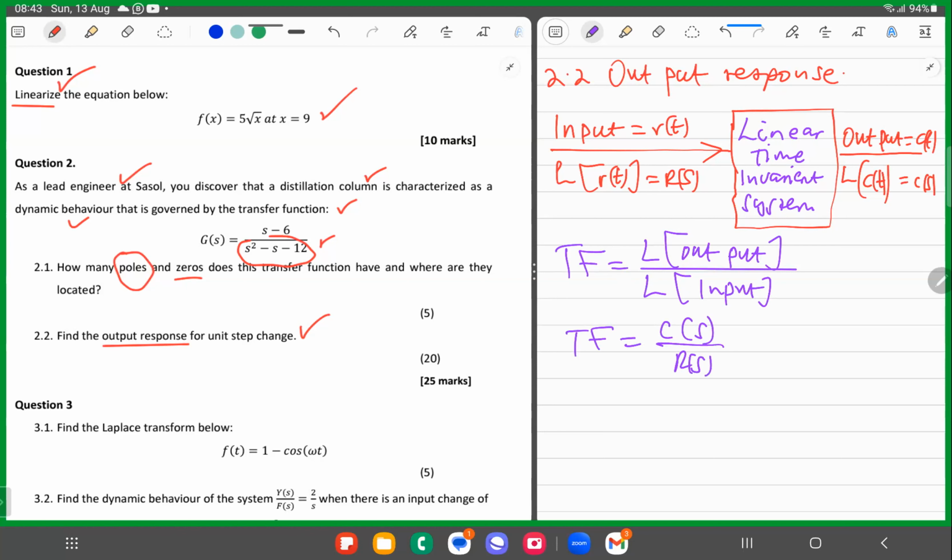At this point, we are given the transfer function. So given the transfer function, what do we have?